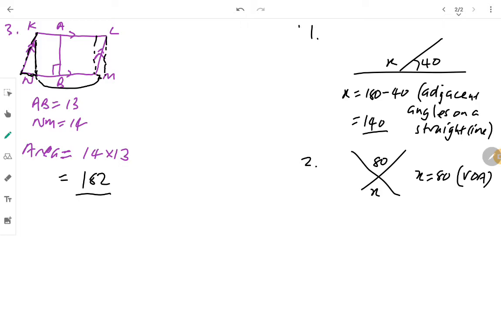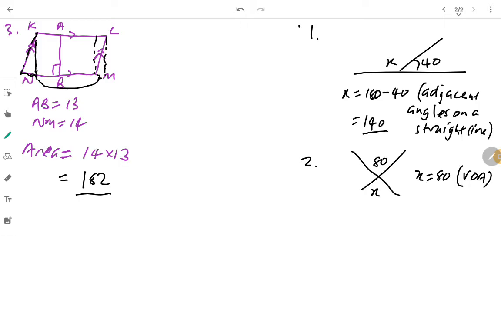So x is equal to 80 degrees because of vertically opposite angles.